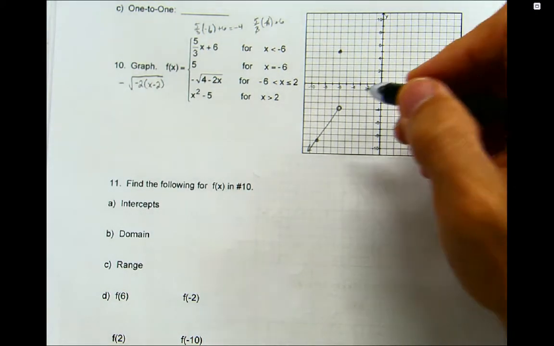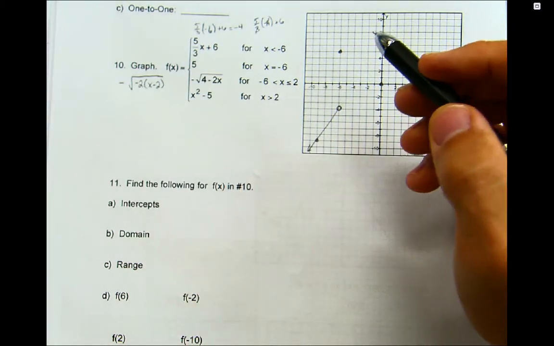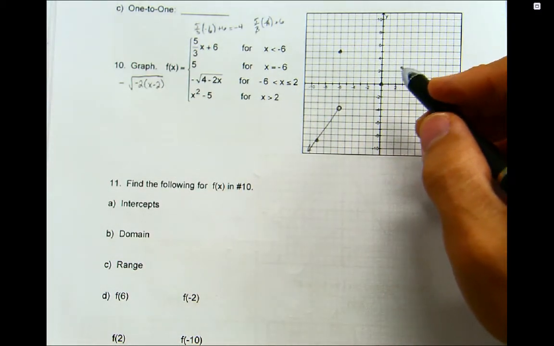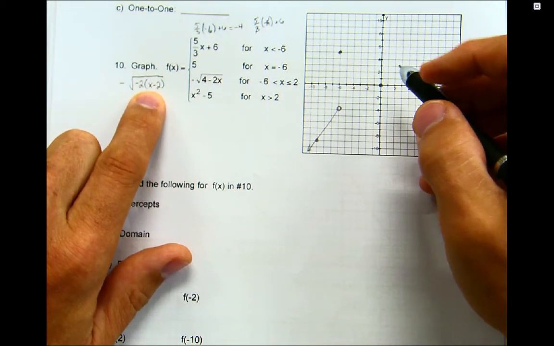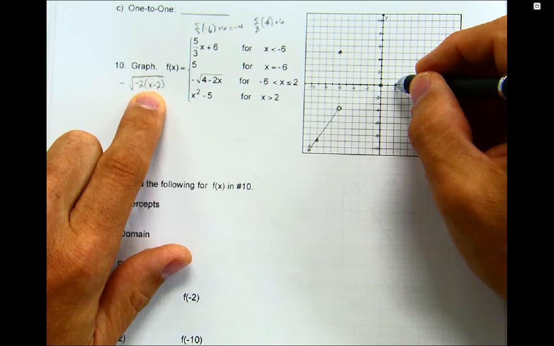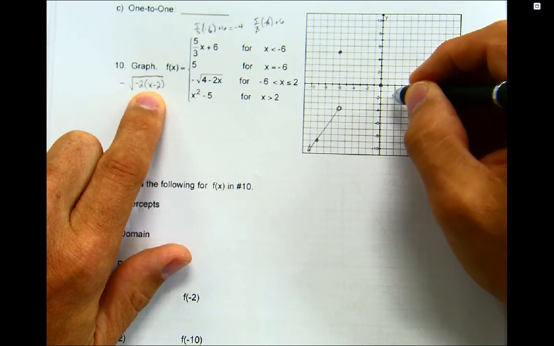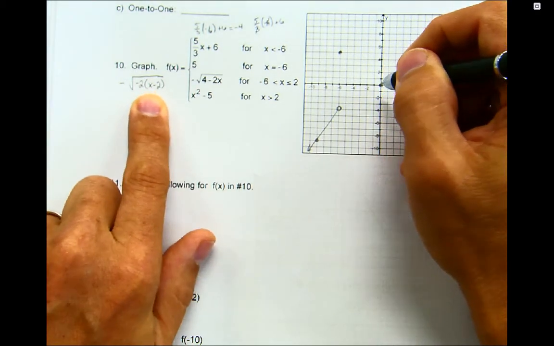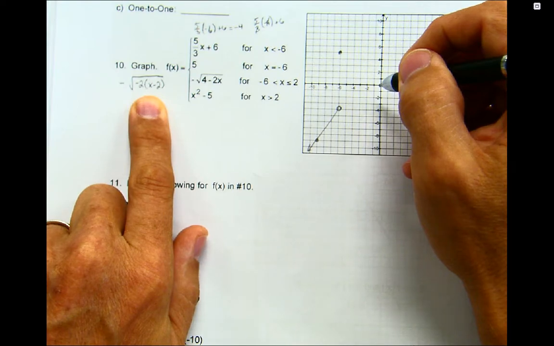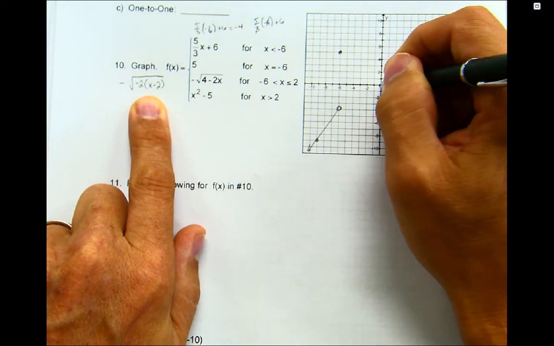If I knew that that one was originally a square root sign with the anchor point at 2, and it would have flipped this way and this way, I know that I've got a graph that's going to come through something like this.